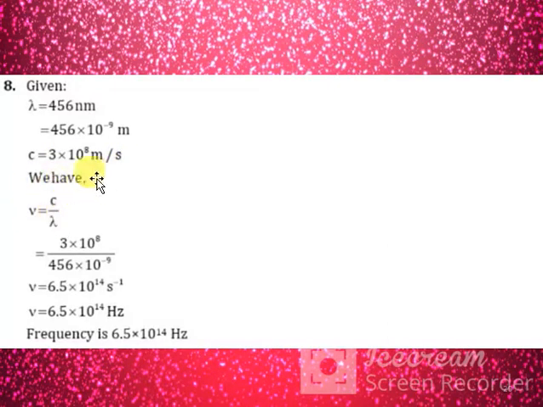We know that frequency is equal to C by lambda. Putting these values in and solving, we get the frequency 6.5 into 10 to the power 14 hertz.